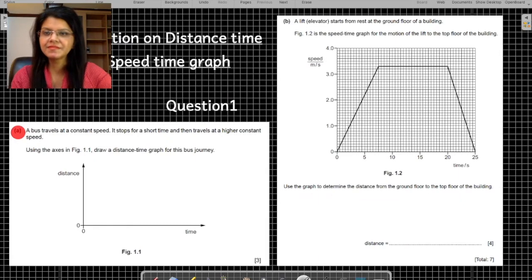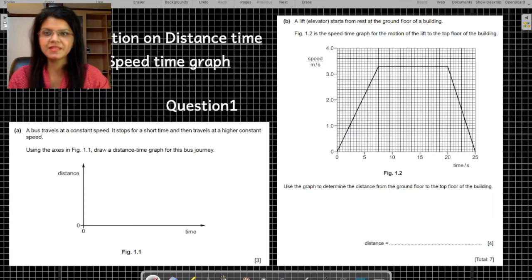Alright, a bus travels at a constant speed. It stops for a short time and then travels at a higher constant speed. Using the axes that you see here, draw a distance time graph for this bus journey. So what they are saying, initially how is the bus traveling?